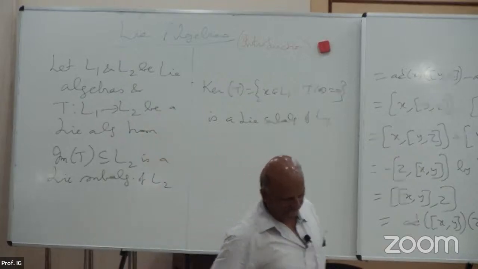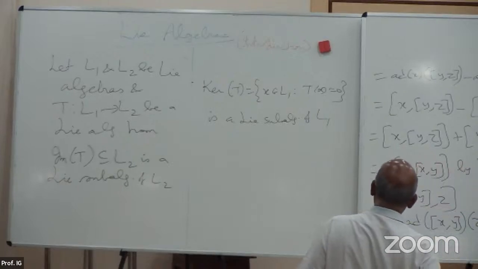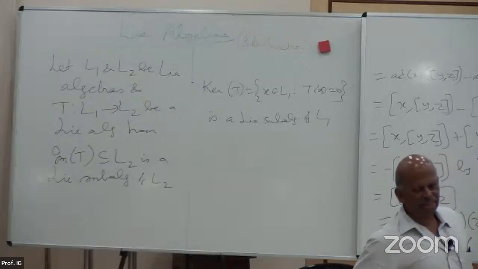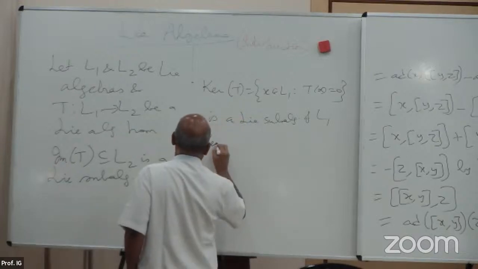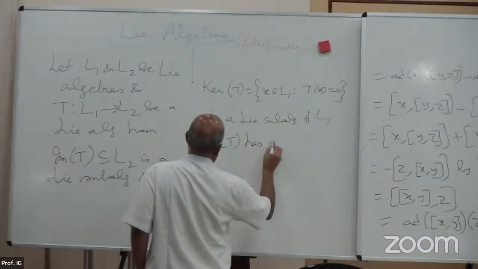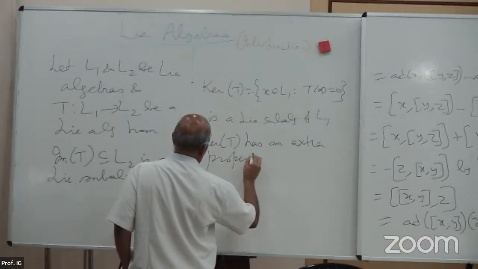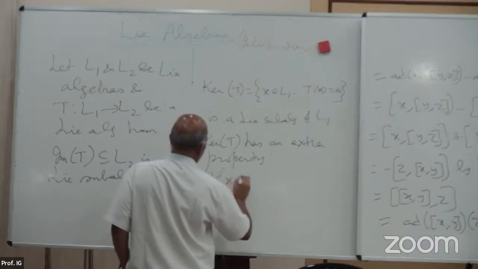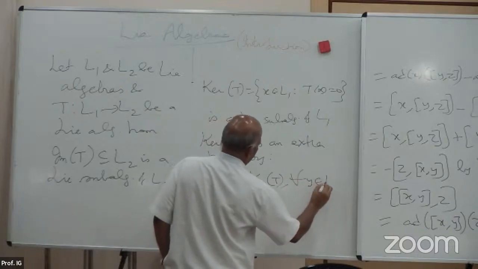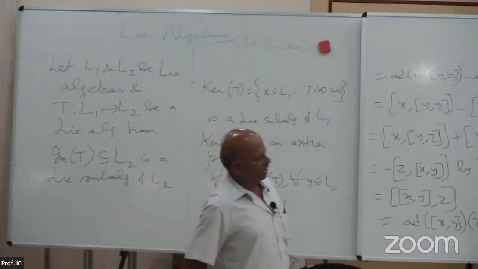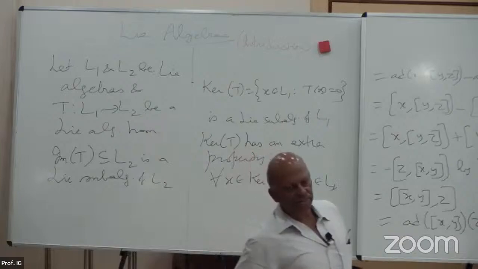You people might have done it for group homomorphisms, ring homomorphisms, vector spaces. So the same kind of thing works. And as always, the kernel has a little bit extra property. What is the property of the kernel of T? We take any element x in the kernel of T and any element y in L1.